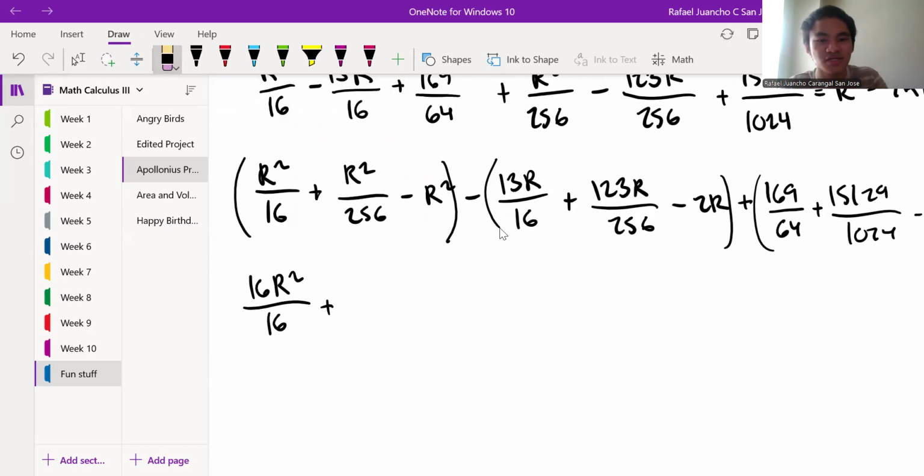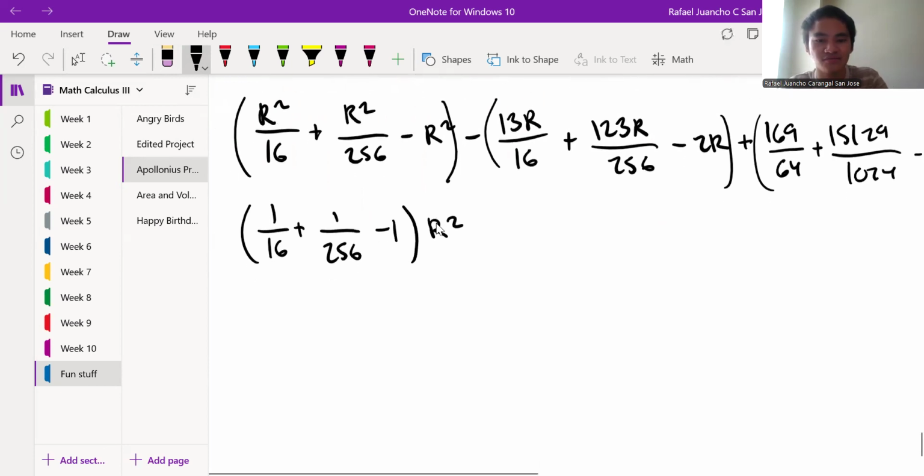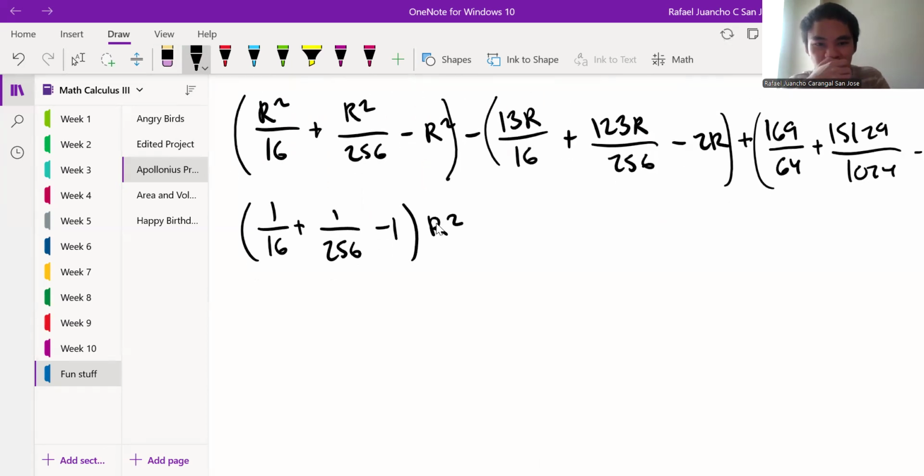Or no, what I can do is factor out the r squared here, right? So this becomes 1 over 16, 1 over 256 minus 1 r squared, right? Because I just factored out my r squared.